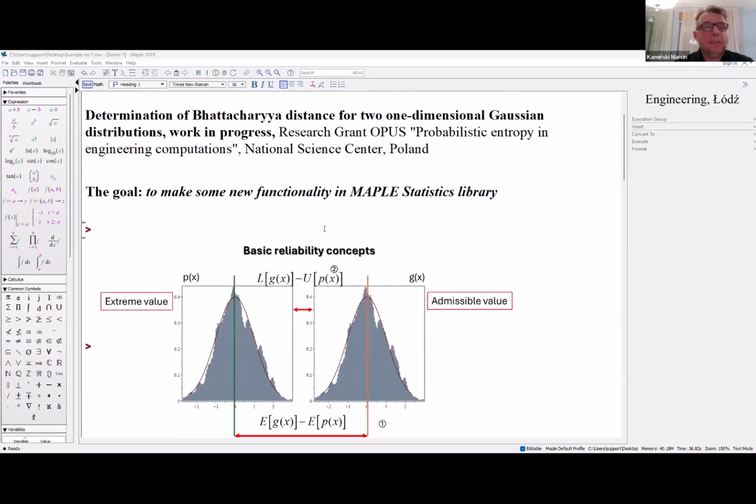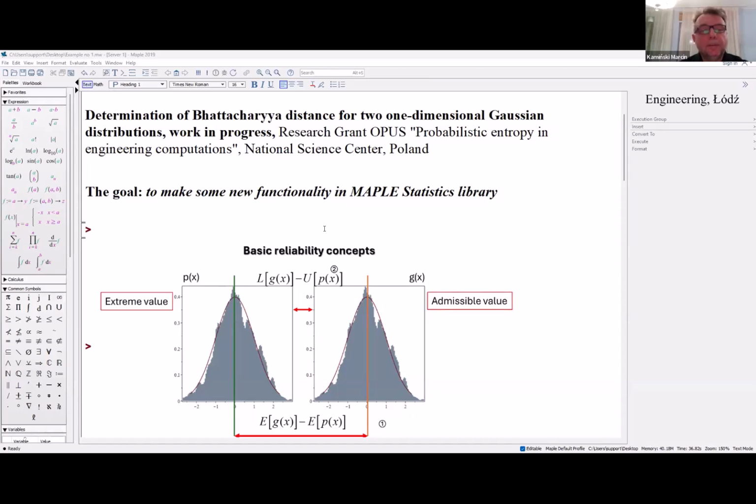The main idea is we are interested in probabilistic distance. Probabilistic distance is something that has not been implemented directly in Maple and is not easily available and computable in Maple, so it needs some special attention.